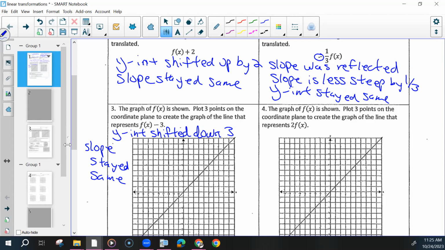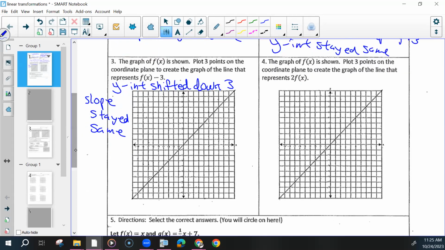It does not say to plot 3 points to create the graph of the line, but we don't actually have to make the line. We just need to plot 3 points. So if the y-intercept originally, this is your original graph, was at 0, 0, and it's been shifted down 3, where is it now? -3. So when it has you plot points, your y-intercept should always be one of them.